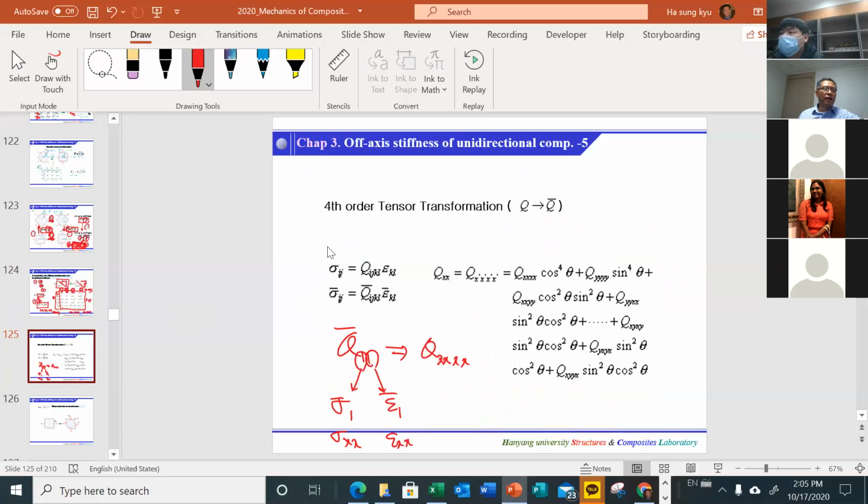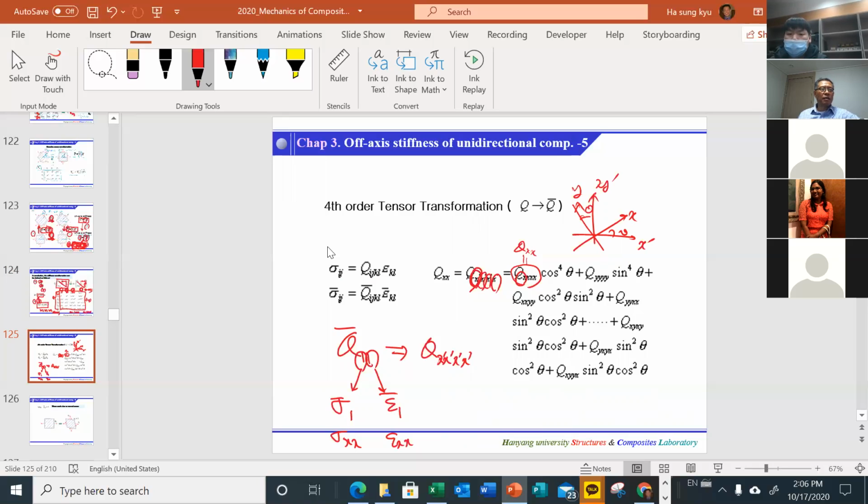This is the x prime, and this is the sigma xx, Qxx, basically. So the angle, first index x prime x. Again, I will draw the coordinate system. This is x prime and y prime, and this is x and y.